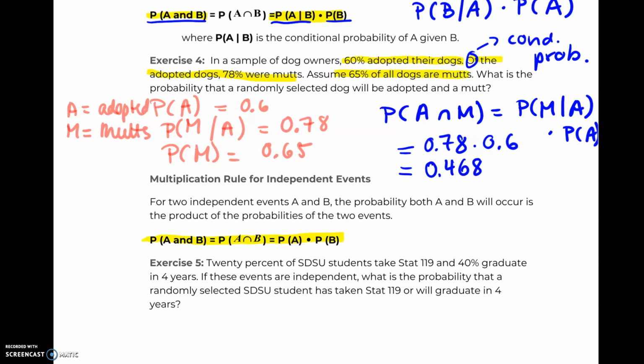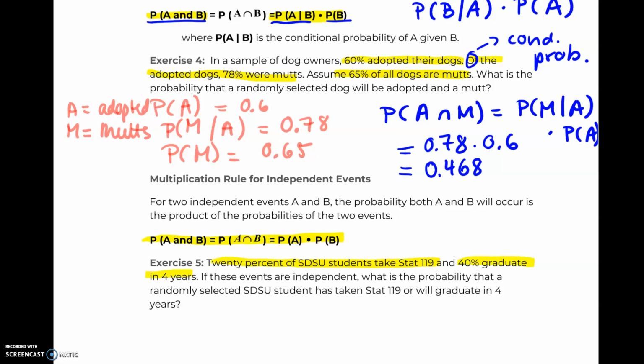All right, for the second example, we're going to look at independent events. When we have independent events, our probabilities simplify because we simply multiply. The question says 20% of SDSU students take Stats 119, and 40% graduate in 4 years.